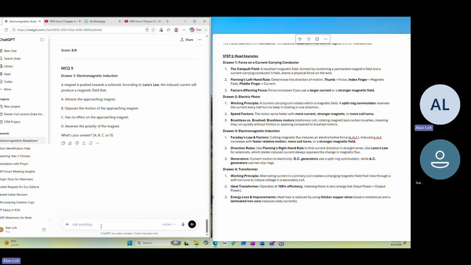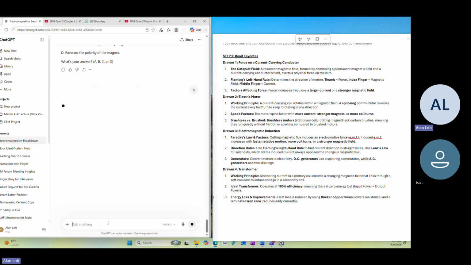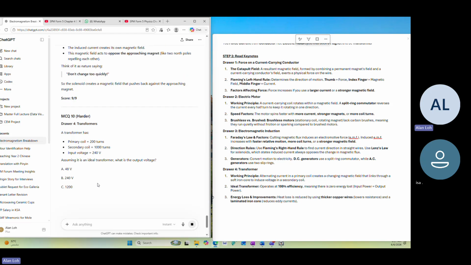According to Lenz's law, its induced current will produce a magnetic field that: attracts the approaching magnet, opposes the motion of the approaching magnet, has no effect, or reverses the polarity of the magnet. B. I think so. Excellent. Last one.